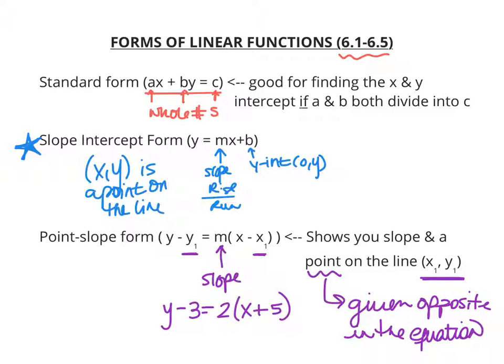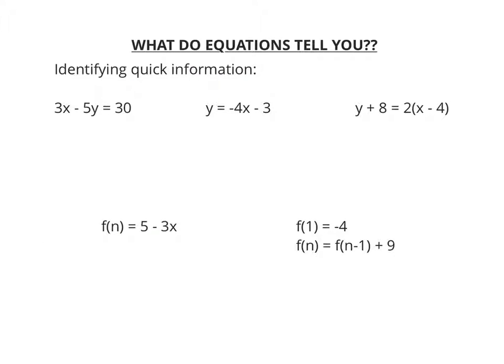Okay, I'm going to show you what I mean by that, and show you the information that each of these gives us. This first example says, what do equations tell you? It's important for you to know, because we're going to be dealing with all these different forms. When you see an equation, what information do you know right away? For instance, this first example, 3x minus 5y equals 20, is in standard form.